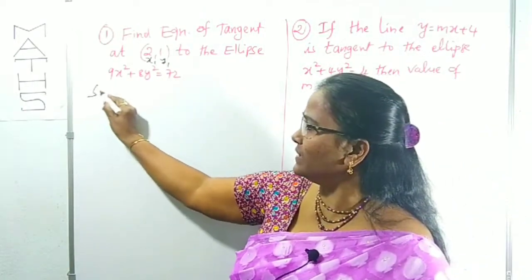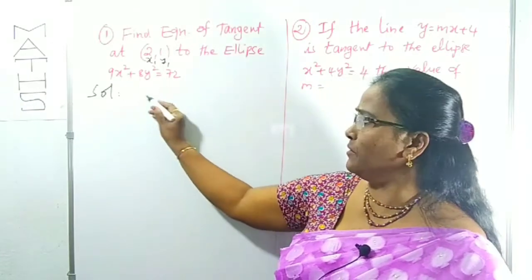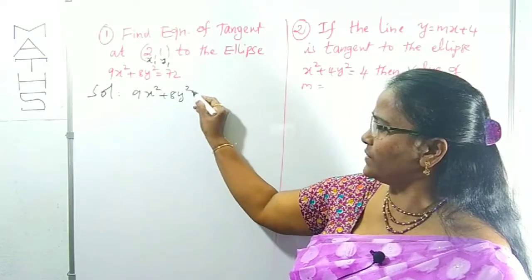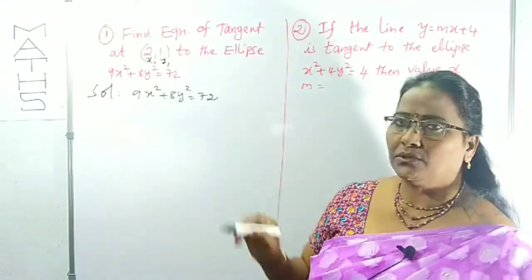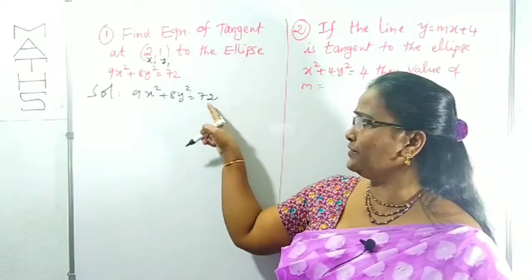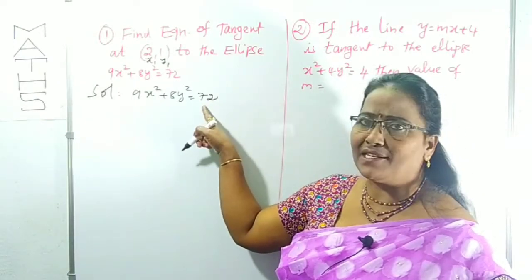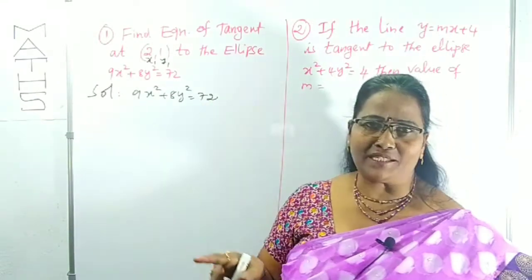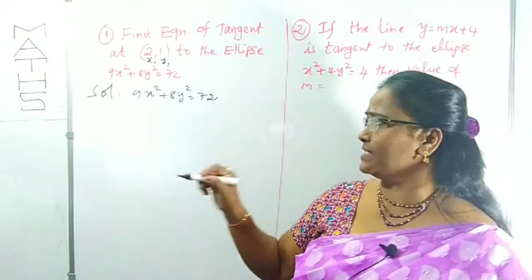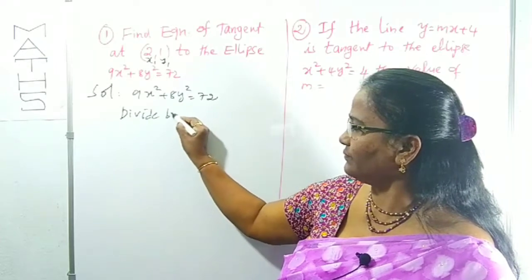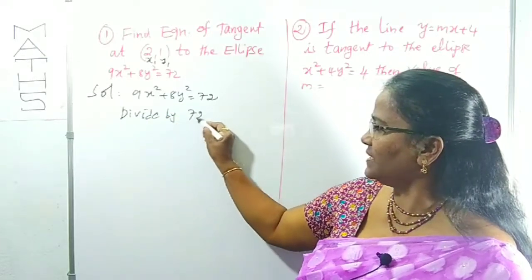And we can convert this into standard form. It is in the form 9x square plus 8y square is equal to 72. To reduce into standard form, you have to get the constant as 1. Divide on both sides by 72.